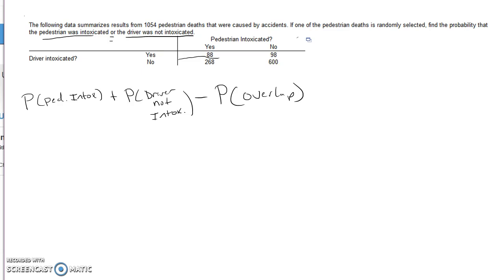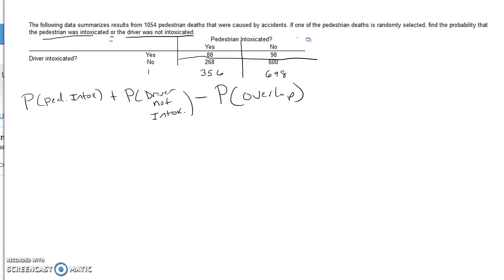I'm going to draw a line here, and then we're going to add down also. So let's get our total values. 88 plus 268 is 356. So the total here is 356. 98 plus 600 is 698.